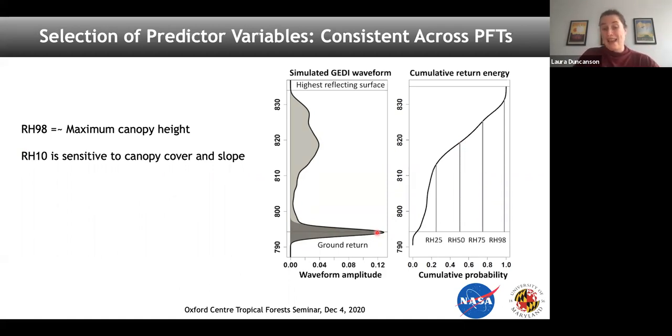So your RH10 is often actually below ground, slightly negative, and it's very sensitive to canopy cover and slope. The more laser energy that arrives at the ground, the less foliage you have. So RH10 gets pulled further and further up into the canopy as you have denser canopy cover.